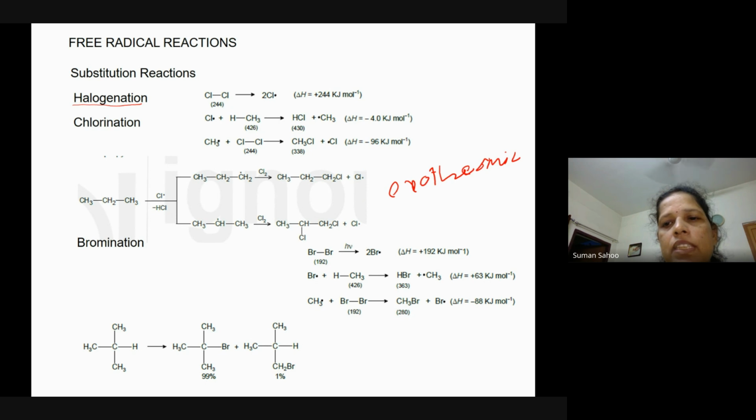Selectivity for a special product is very less. If you just see, the first step is endothermic, but these two steps are highly exothermic. So selectivity is less in case of your chlorination, but in case of bromination, as you see, the first step is quite endothermic, and second step is exothermic. So this one is not highly exothermic, so the reaction is controllable. So you can control the reaction in case of your bromination.